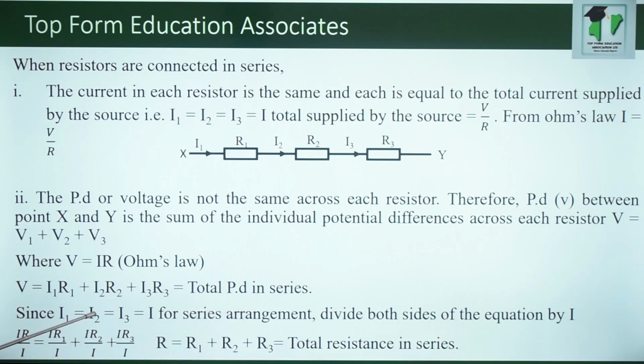And since I1 is equal to I2 and is equal to I3, is equal to the total I supplied by the source for series arrangement, you divide both sides of the equation by I so as to get the value of R. So I1, I2, I3 is equal to I. Wherever you see I1, instead of putting I1, you put I. I2 is equal to I itself, I3 is equal to I. So instead of having I1R1, you have IR1 plus IR2 plus IR3.